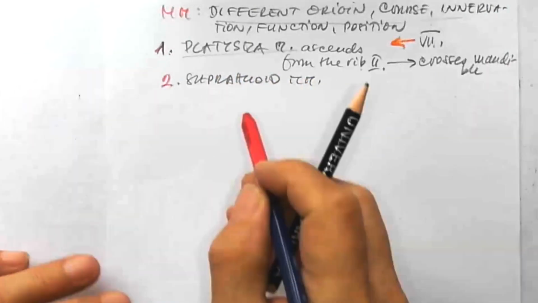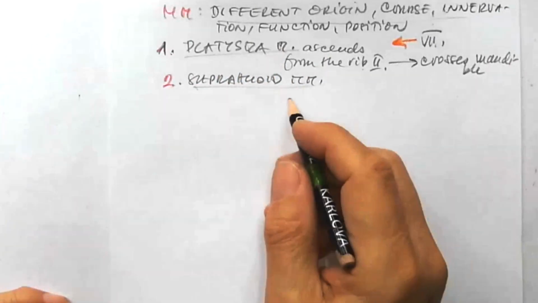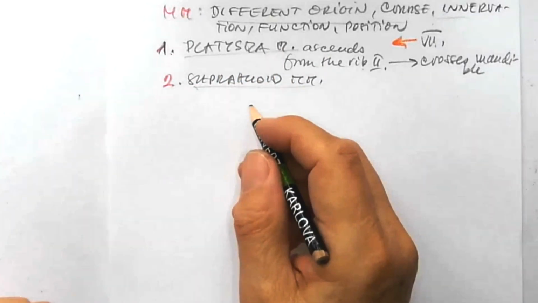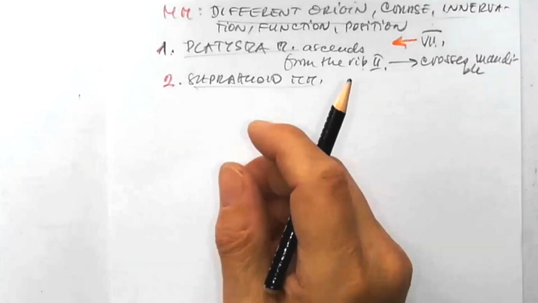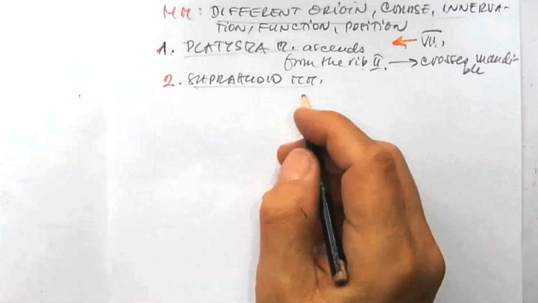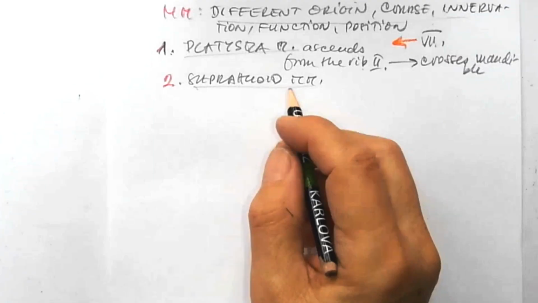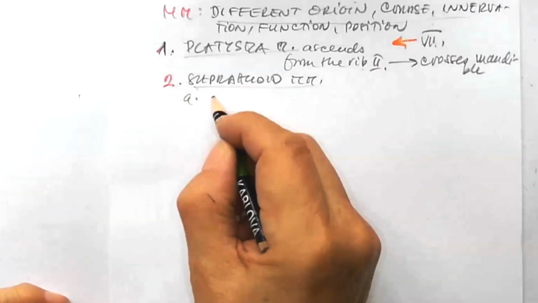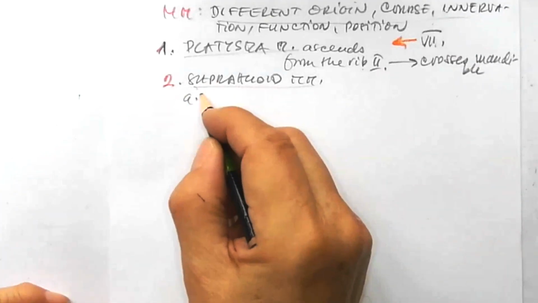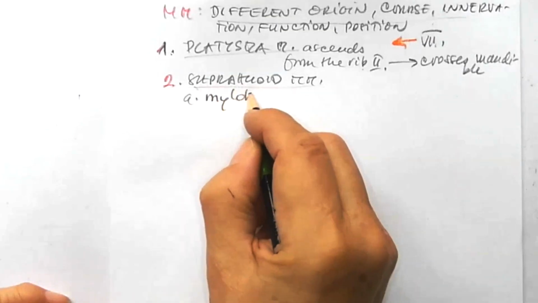The second group of muscles are the suprahyoid muscles. These muscles are four in number. They have different innervation because of different origin. So we will name them. The first one is the mylohyoid.